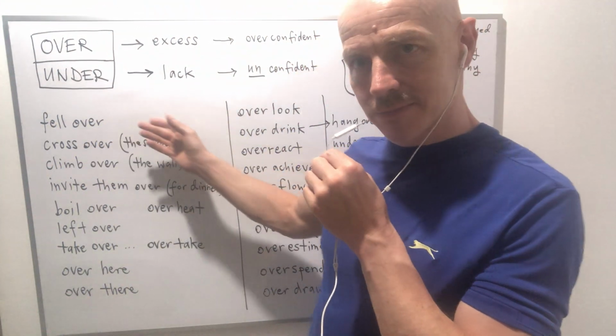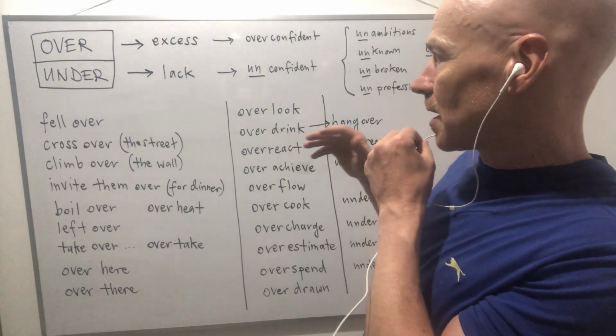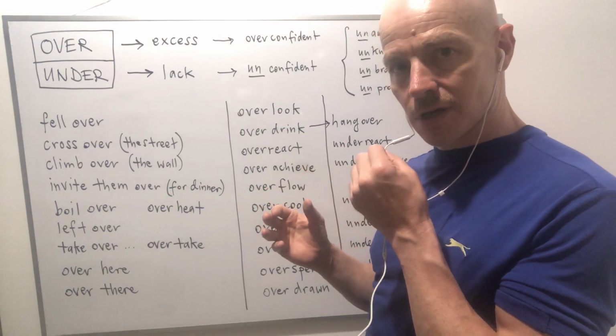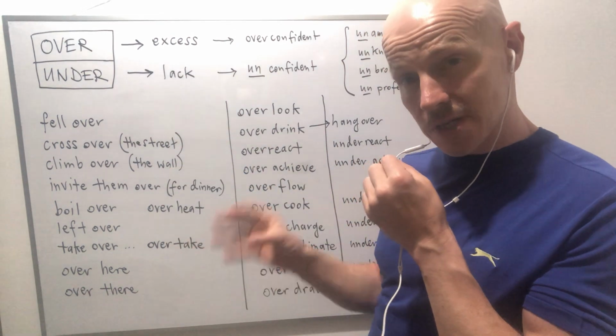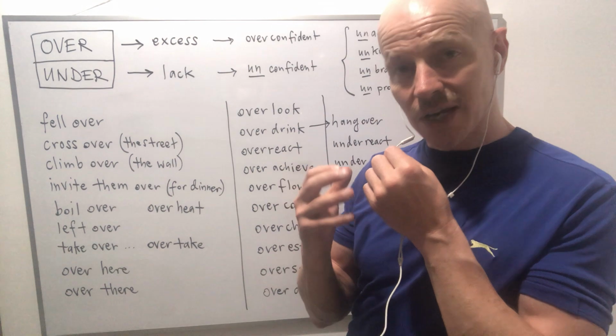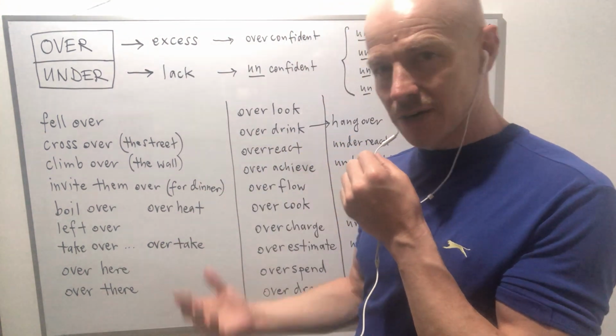Whereas under is generally like a negative or a lack of something, not enough. And again, it's more of a negative connotation. So if you see those words added to other words or phrases, you should start to get a sense of whether they're trying to indicate a good thing or a bad thing. And that's the idea of that.